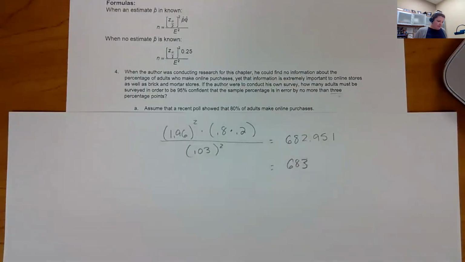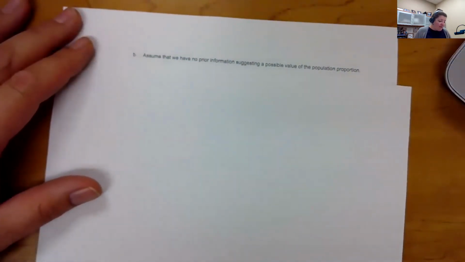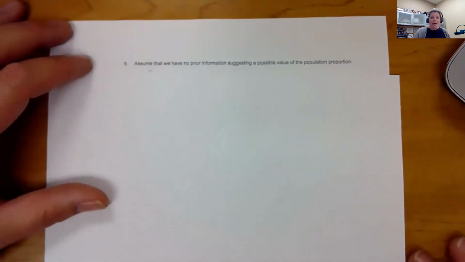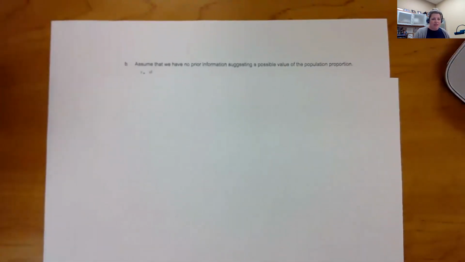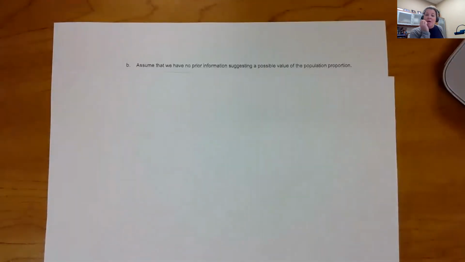Okay, so the next one says, assume that we have no prior information suggesting possible values for that population proportion. That seems a little bit blurry. There it goes. So assume that we have no prior information.